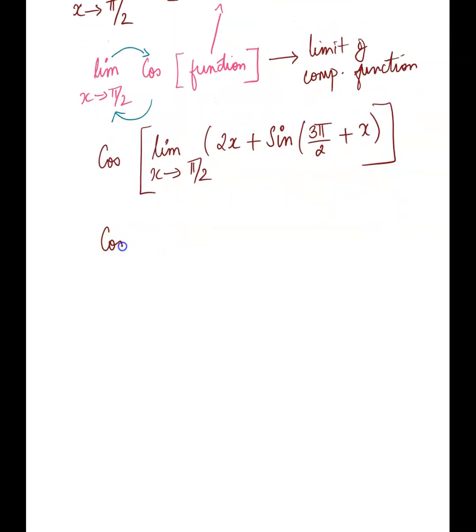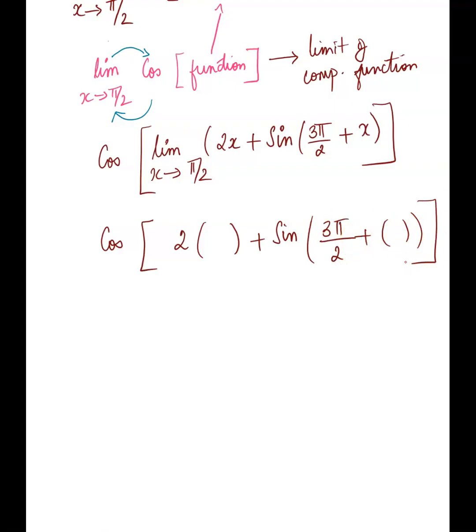Okay, so now it's a whole lot simpler, because you just have to plug in for pi over 2. So 2 times, I just write parentheses for all the x's we have to substitute, and then I will plug in for the x value. And so here 2x, so it has to be pi over 2. I'm applying the limit, and then this is 3 pi over 2, and this is going to be pi over 2.